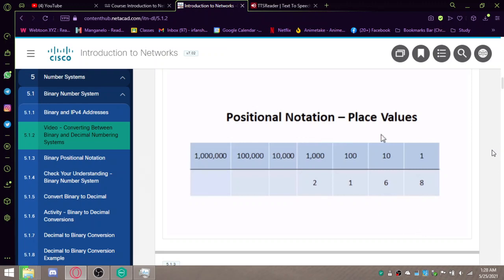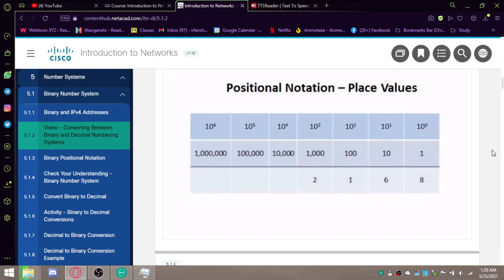Now, when we're talking about the place values in the decimal number system, we're talking about the powers of 10. The ones place is 10 to the 0, the tens place 10 to the 1, the hundreds place 10 to the 2, or 10 times 10, which is 100. The thousands place is 10 to the 3, or 10 times 10 times 10, and so on and so forth.